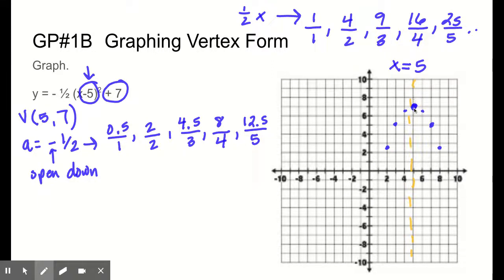And then we're going to move down 8 spaces and over 4. So down 8 spaces over 4. And then our last one is 12.5 over 5. 12.5 over 1, 2, 3, 4, 5.